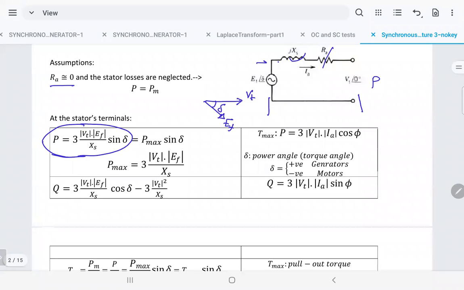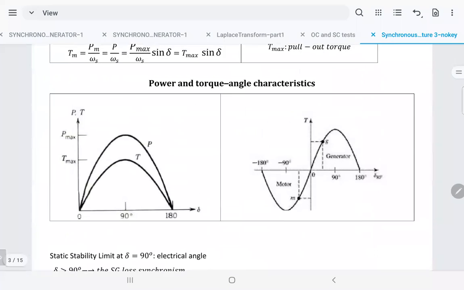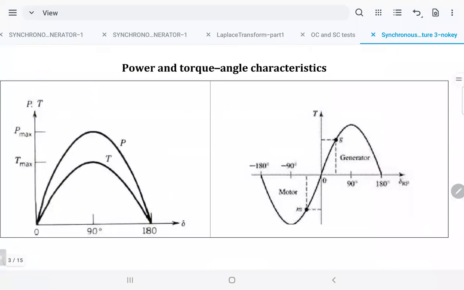You ask me, is it positive or negative? It depends if it's a motor or generator. I'm going to talk about that. So the power is equal to 3 VT EF over XS sine delta. When you sketch this curve, it will be like that. Here you go. That's also power. It can represent power or torque. I will explain that now. So when it's a generator, delta is positive.